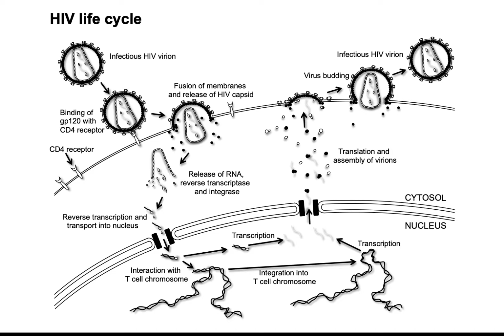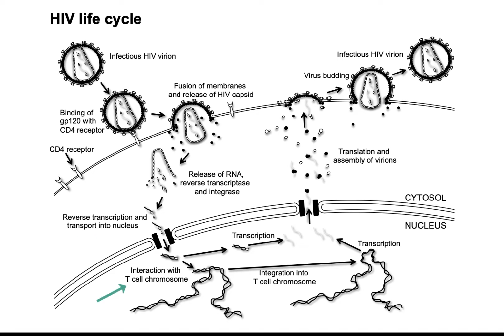So the first thing you get is attachment to the CD4 receptors on the T lymphocyte, release of the capsid, and then release of the RNA and the integrase that proceeds to the nucleus, and you're getting reverse transcription at the same time.